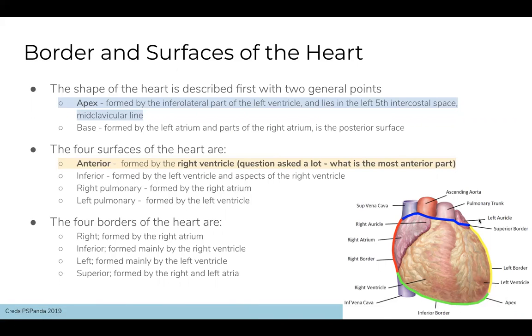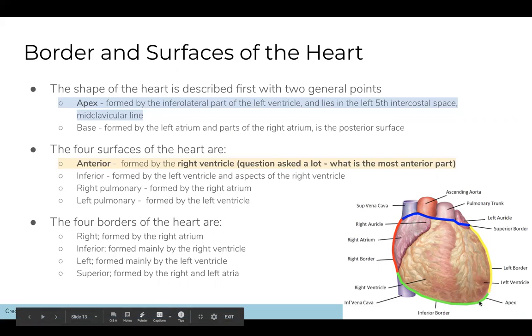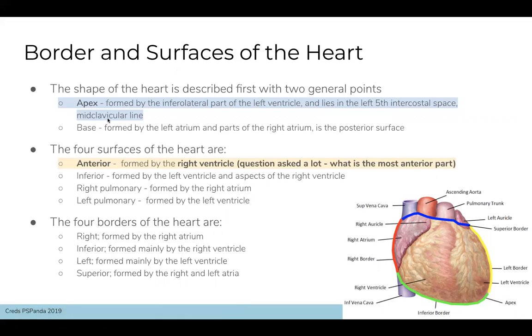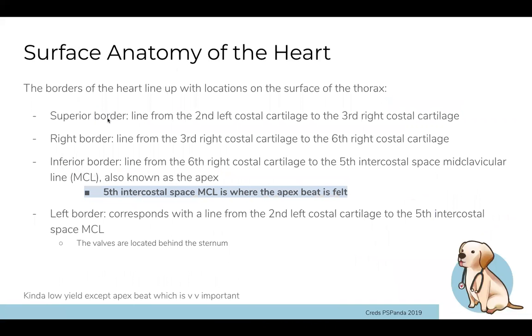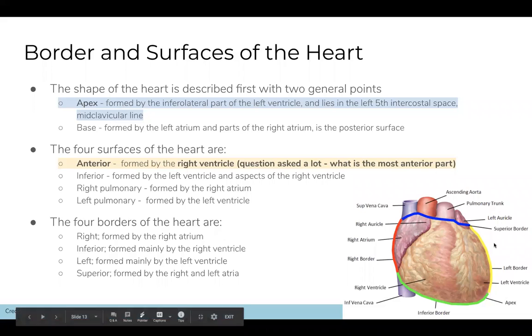They come into a point here, the apex. The very important part is that it lies in the left fifth intercostal space at the midclavicular line. I'll continue on to talk about that soon, but that is a very important point. So the apex is there, and the base is basically the opposite side, on the posterior side of the heart.